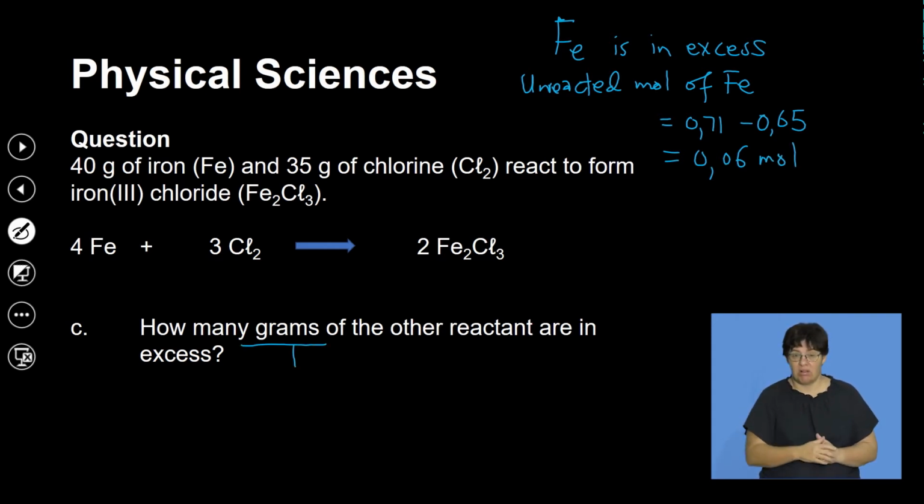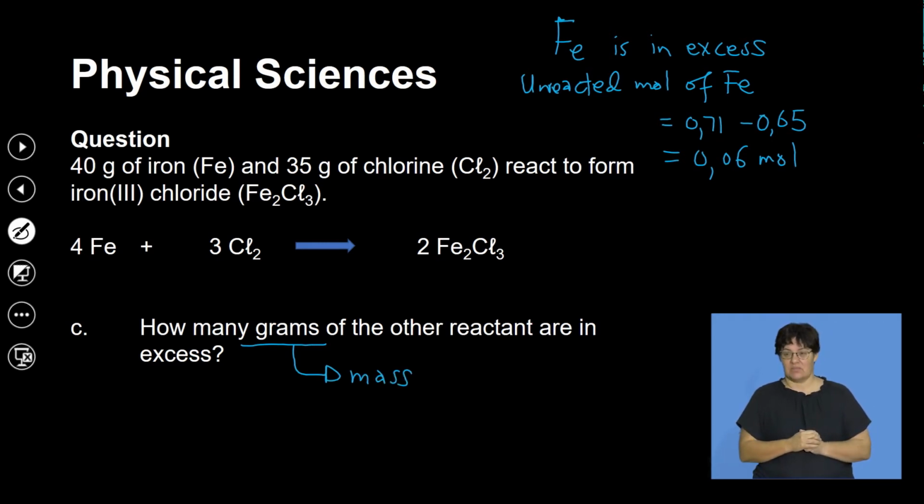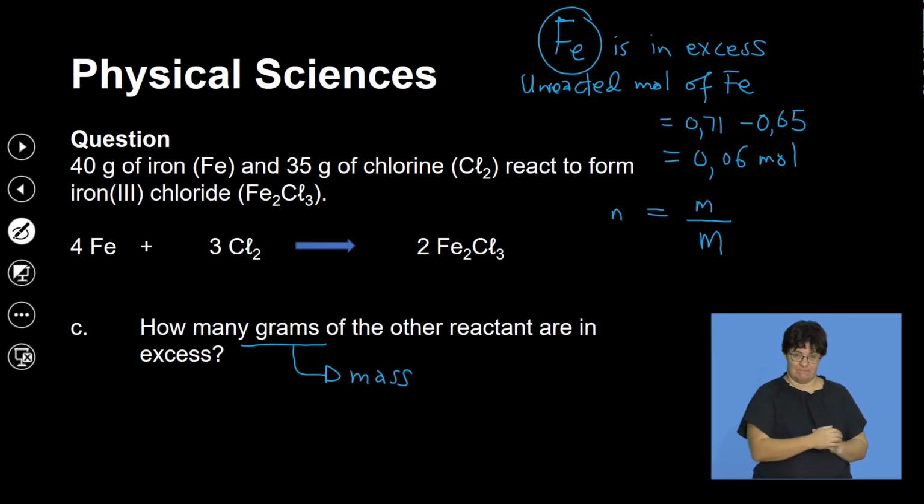The moment it says grams, we are interested in which quantity? The unreacted mass. So we will change these moles back to mass. We know that moles of a substance is mass over molar mass. Here we are talking about iron because it is in excess. The unreacted moles, 0.06, is equal to whatever mass we're looking for over 56.